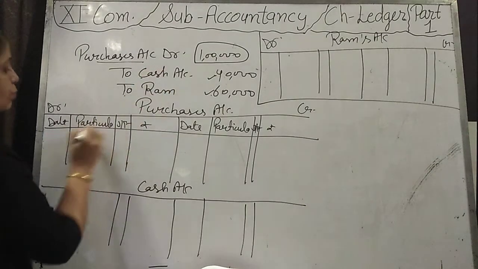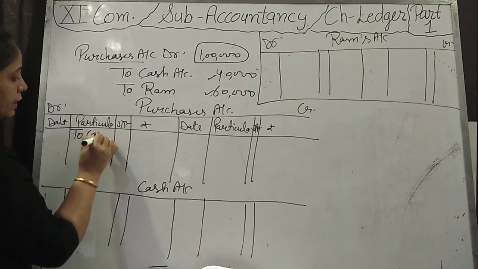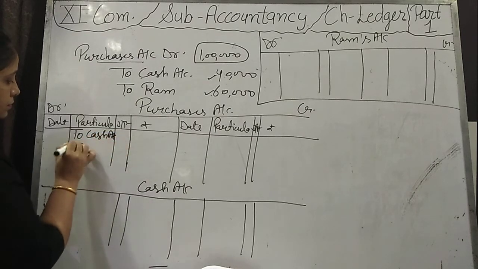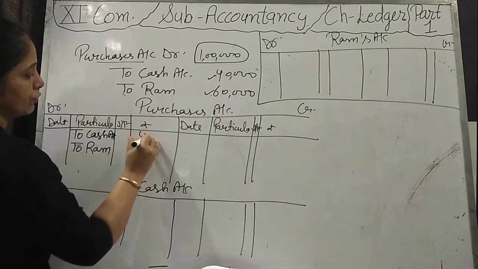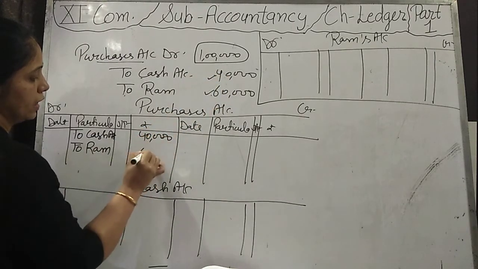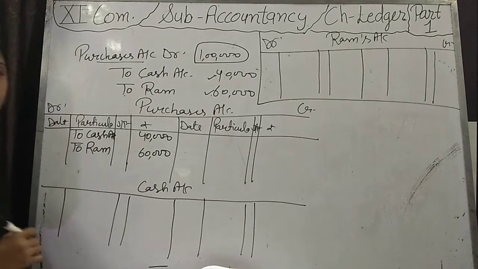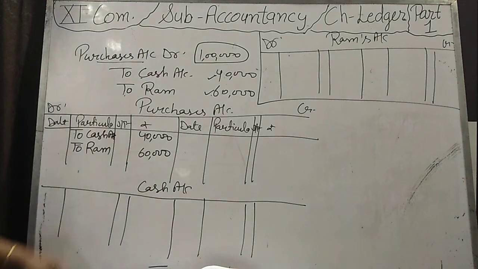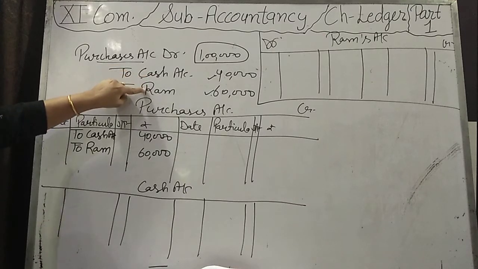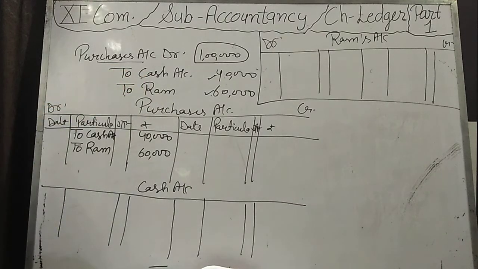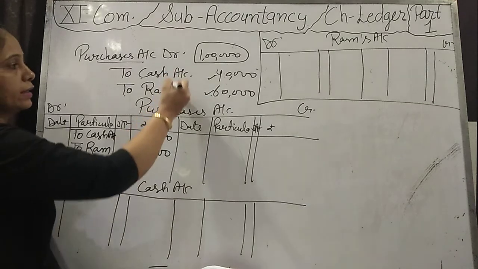So these both accounts we will write here, to cash account and to RAM. Amount of cash account is 40,000 and amount of RAM account is 60,000. There is no link between the cash and RAM account because both are credit.